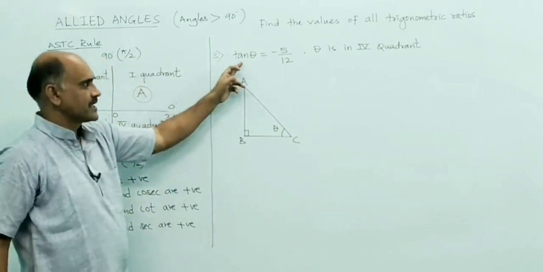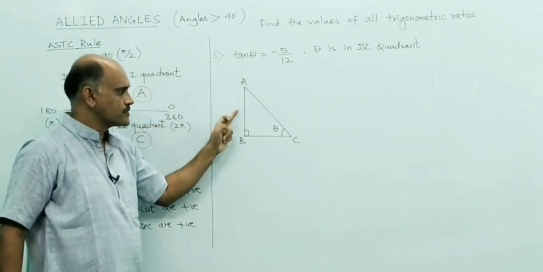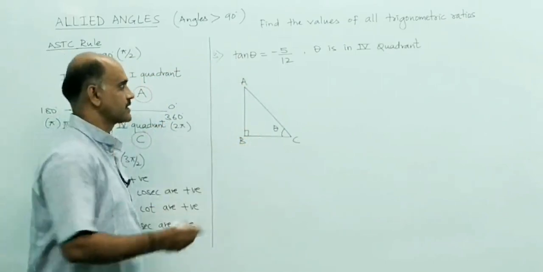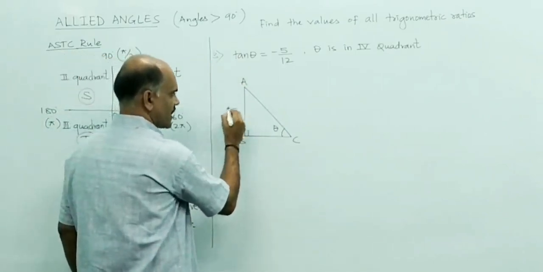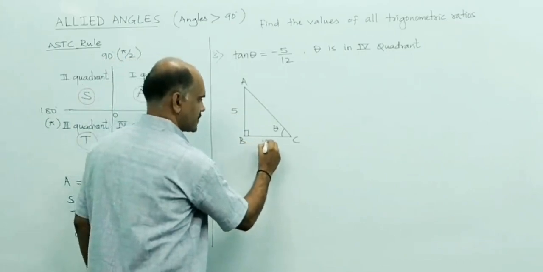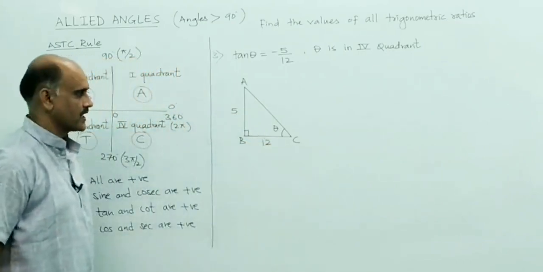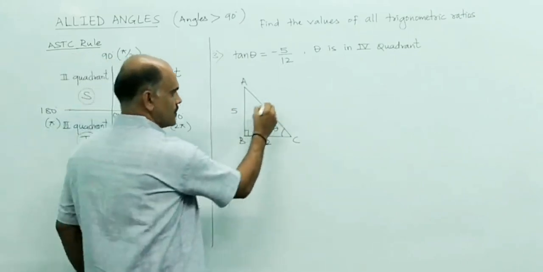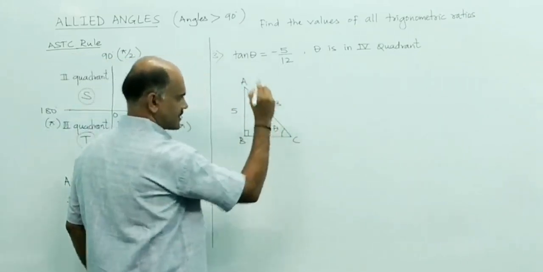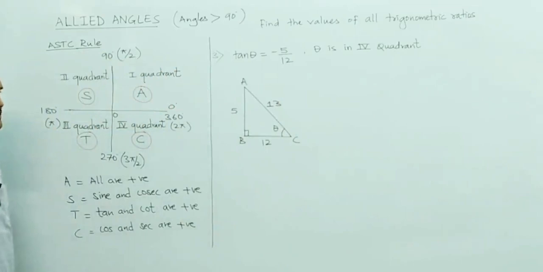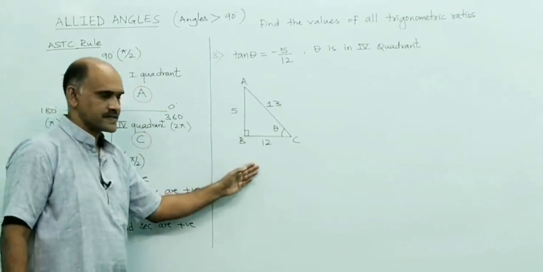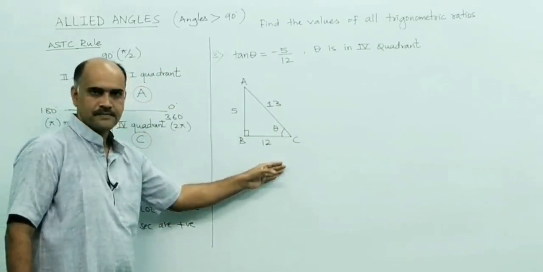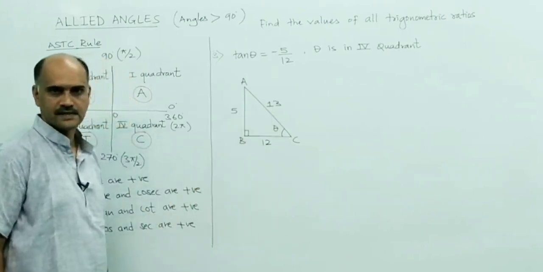Tan theta by definition is opposite by adjacent, so opposite is 5 and adjacent is 12. Apply the Pythagoras theorem: AC square is equal to AB square plus BC square. Simplify, and you will get 13.